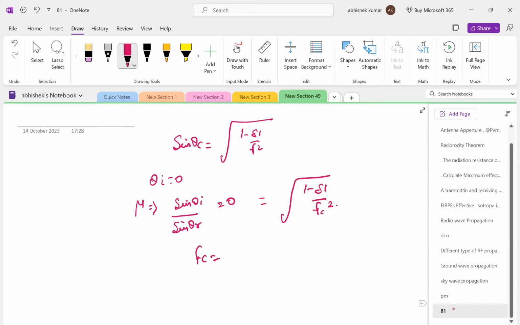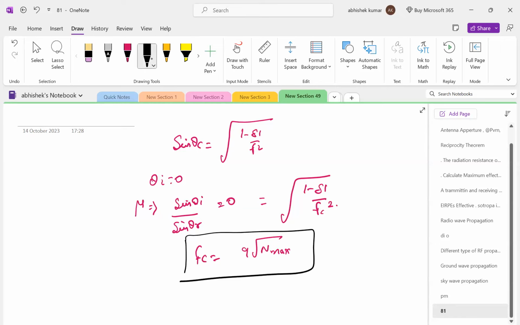Our critical frequency will become 9 under root N max. N max is the ionization density, and it depends upon the sun. This is the critical frequency definition.